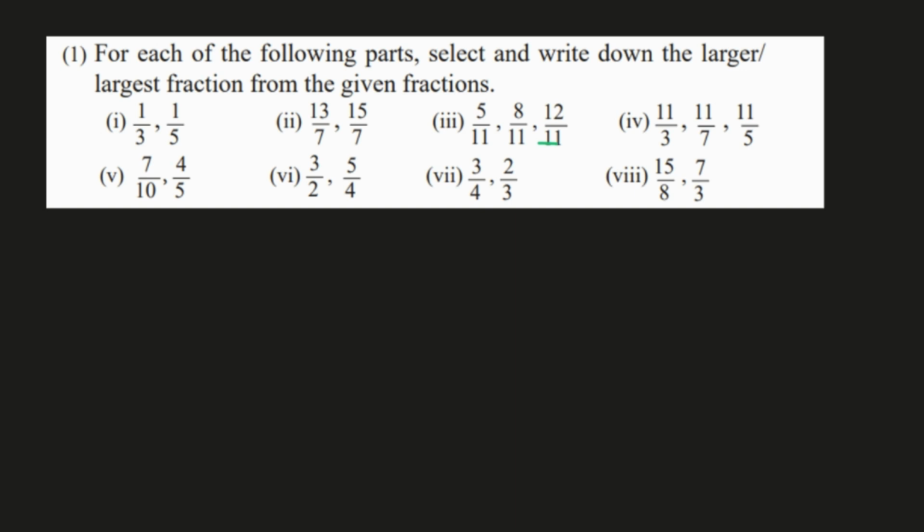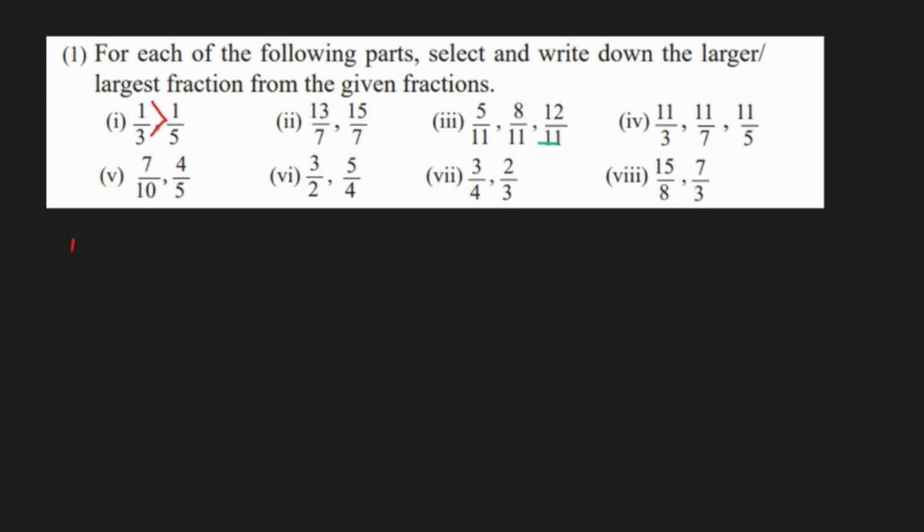So now you know the denominators are different, but the numerators are the same, that is 1. So in such cases, you know that the larger fraction will be the one which is having the smallest denominator, right? So here 1 upon 3 will be greater than 1 upon 5.